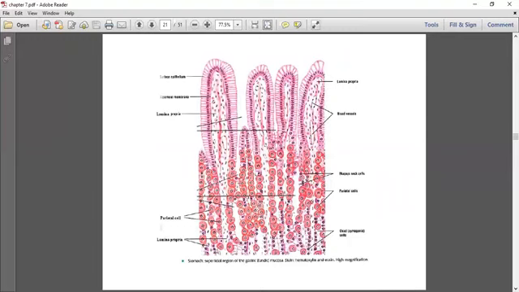Cross-section of the fundus or fundic region of the stomach reveals the internal cover that lines the internal surface, simple columnar epithelium with ovoid nucleus very close to the basal surface.